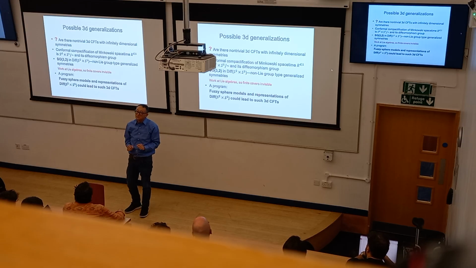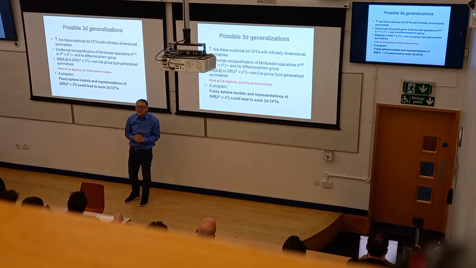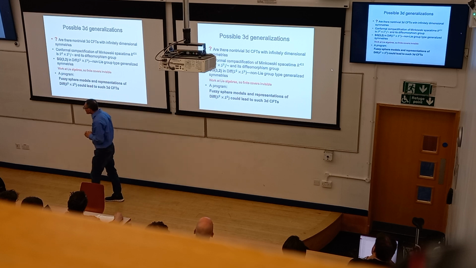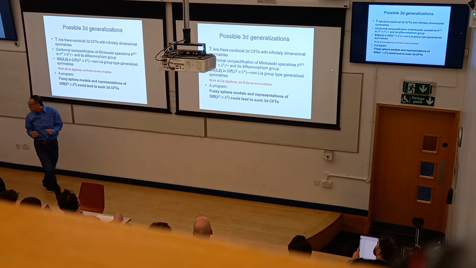Most infinite-dimensional groups are homotopic to finite-dimensional Lie groups. This is the first, simplest one that is not homotopic to a finite-dimensional Lie group. So this is some kind of generalized symmetry. I will tell you why. That's basically what I want to explore, a little bit of generalization not related to finite-dimensional Lie groups.